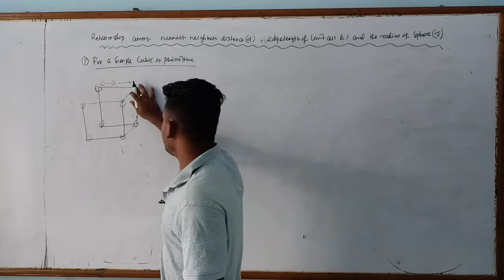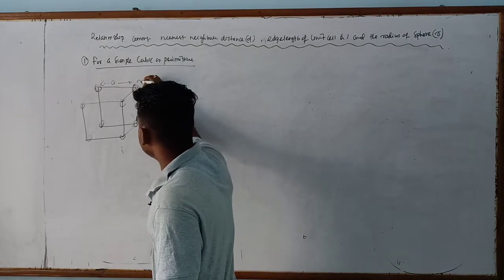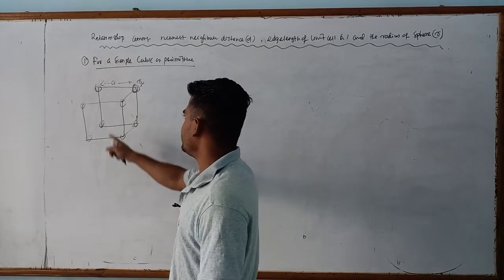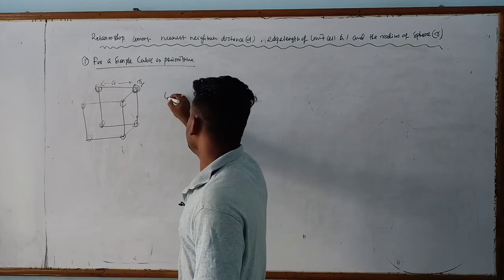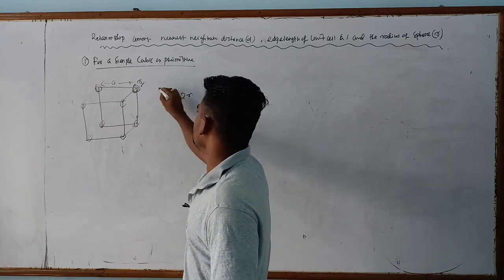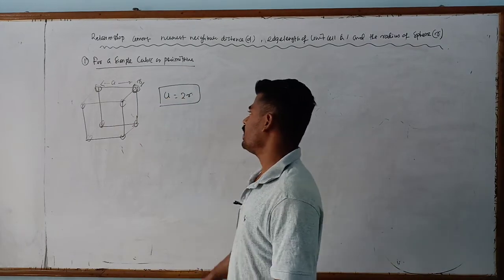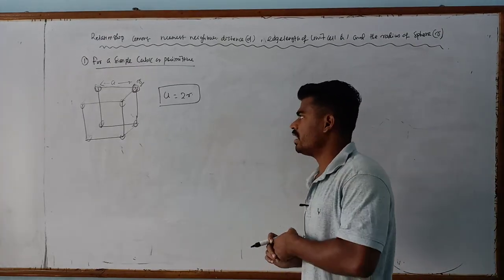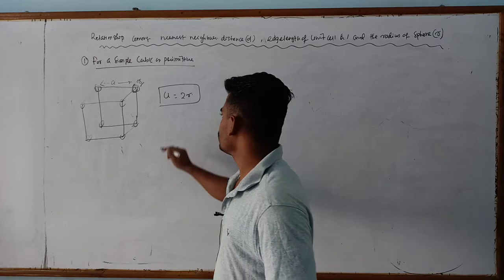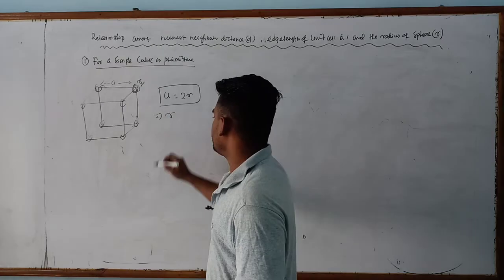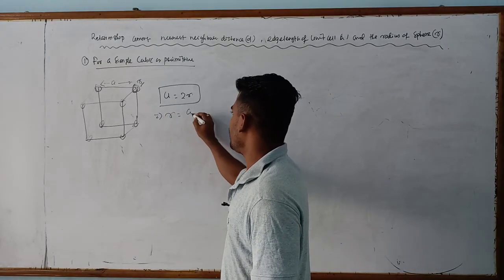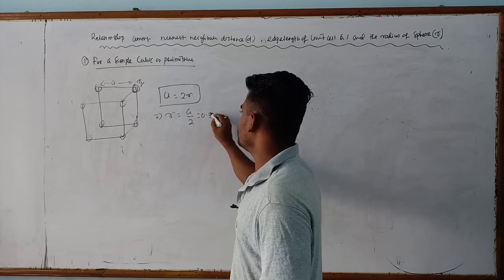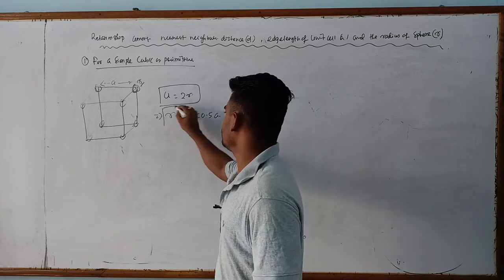So if the radius of each sphere is r, can I write a is equal to 2r? Yes, a is equal to 2r. This is the relationship between the radius of the sphere and the edge length. If I derive the radius of the sphere r, that will be a by 2, or 0.5a. This is the relation.